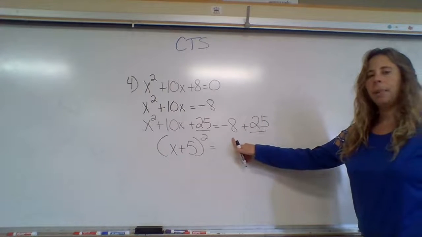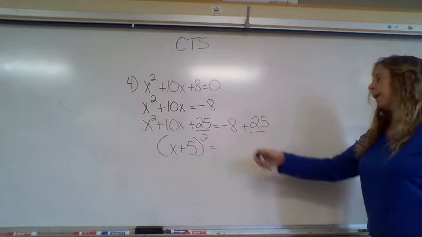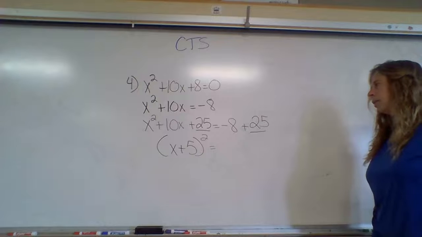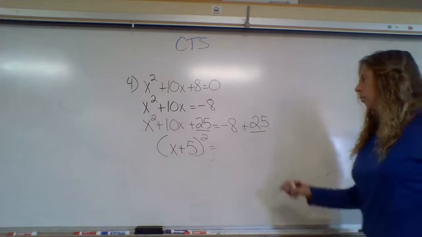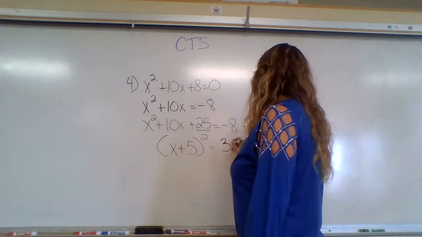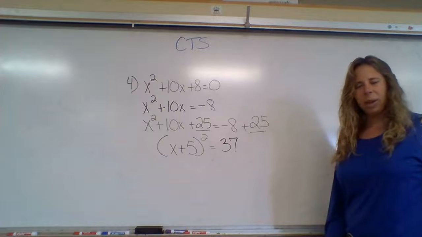25 minus 8. Be careful with your signs. 25 minus 8 is 30. 37? Really? Is that what I wanted that to be?